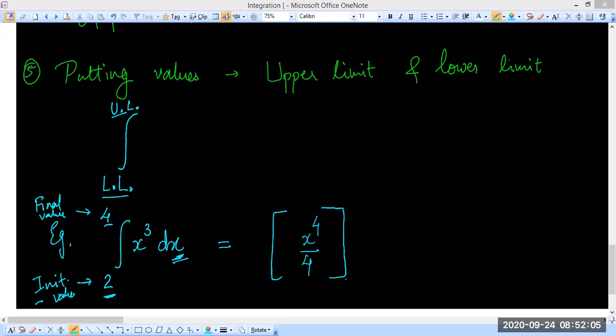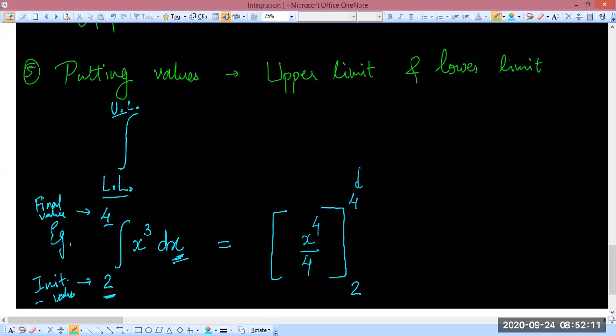And on the right hand side over here you write 2 and you write 4. This is not raised to 4. What this means is that the upper limit is 4 and the lower limit is 2.